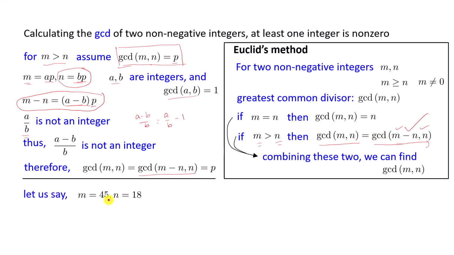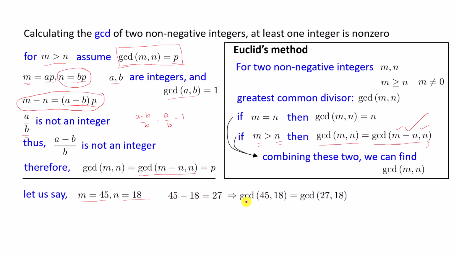So let us see an example now. For example, I have m equals 45, n equals 18. It is very clear that between 45 and 18, the GCD is 9. But let's not bother about it. 45 minus 18 is 27.